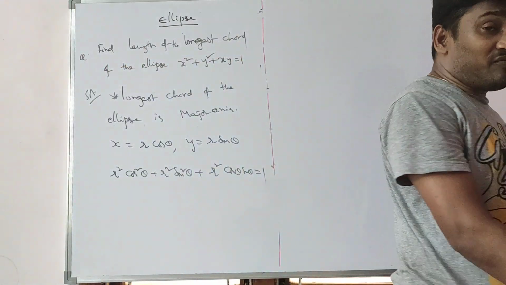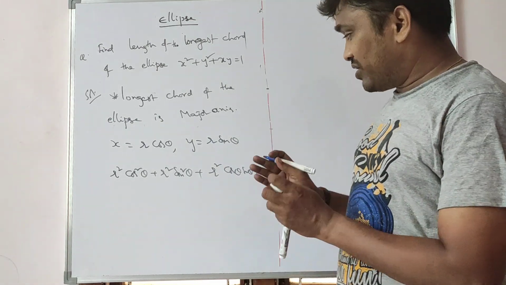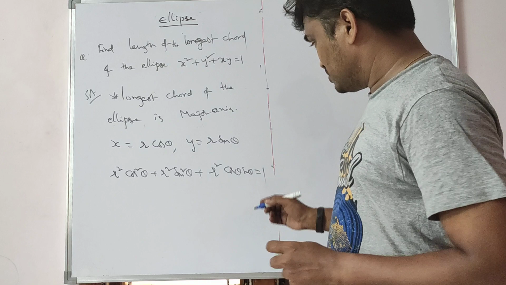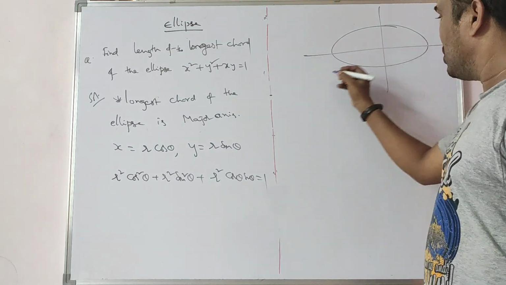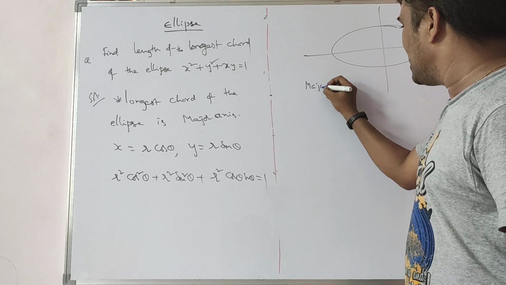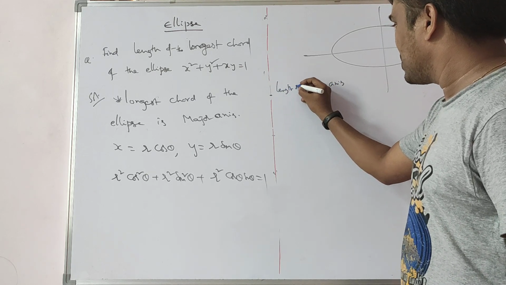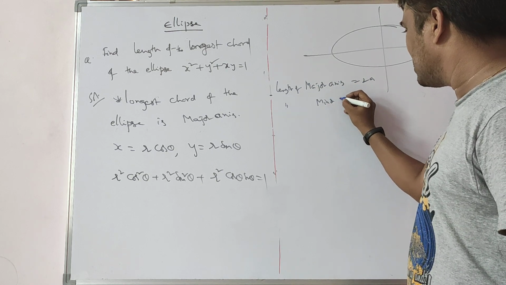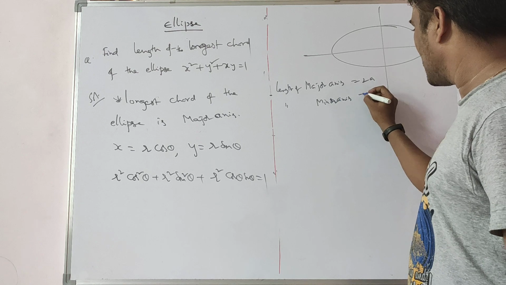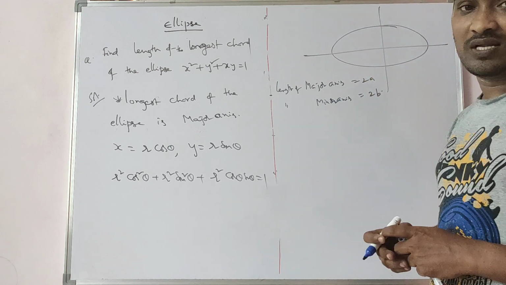Here first I am finding what is the major axis and what is the minor axis. Convert into standard form. See the diagram. The length of the major axis I am taking is 2a, and the length of the minor axis is 2b. So let us find what a is and what b is.